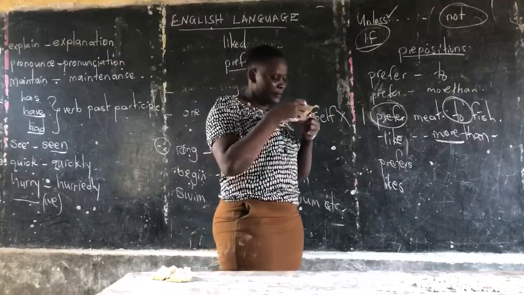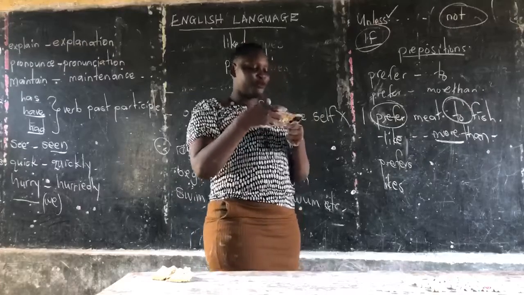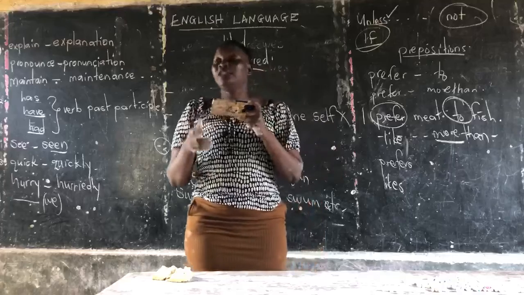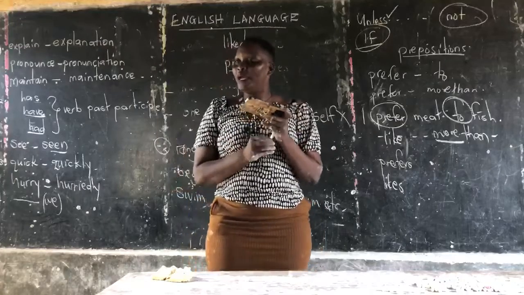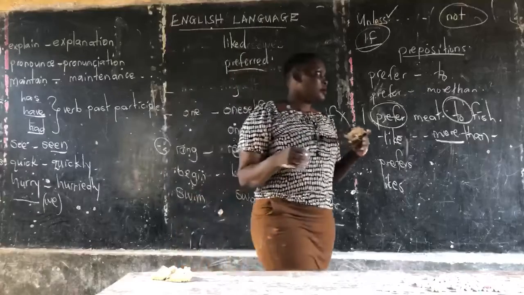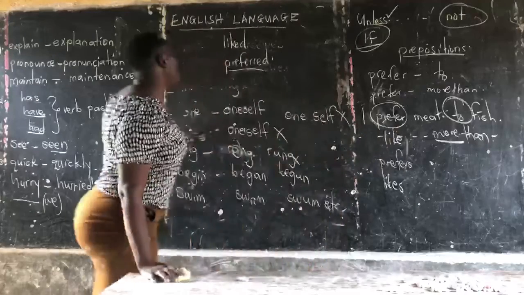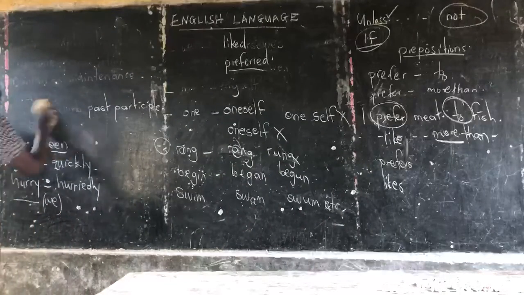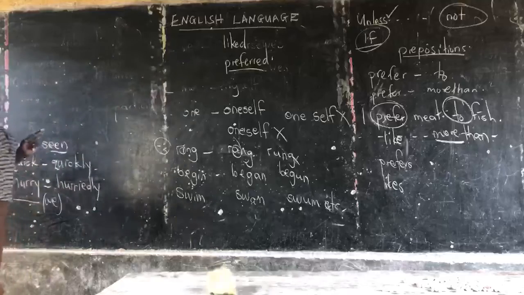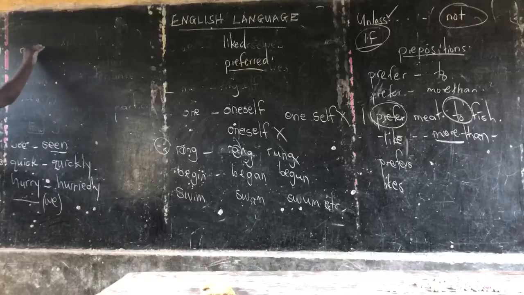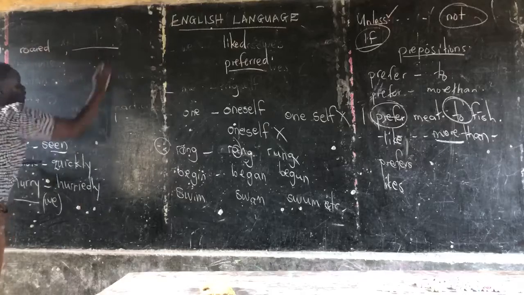Next number: when the lion roared, the dog dashed. What is our keyword here? I told you, when we are dealing with the suitable word, we should look for guiding words here. They are telling us that when the lion roared, the dog dashed.